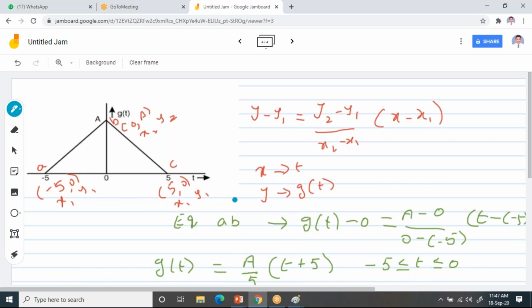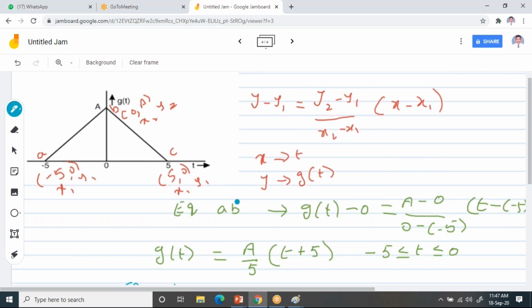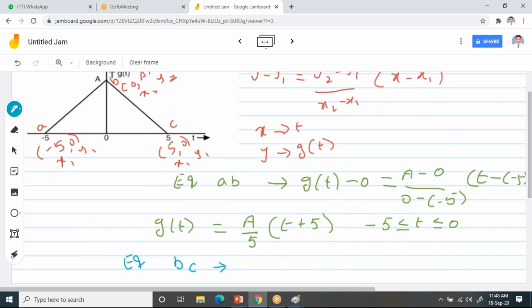So I write y minus y1. Again y is g of t, so I say g of t. My y1 is again 0. So g of t minus 0, which is equal to y2 minus y1.